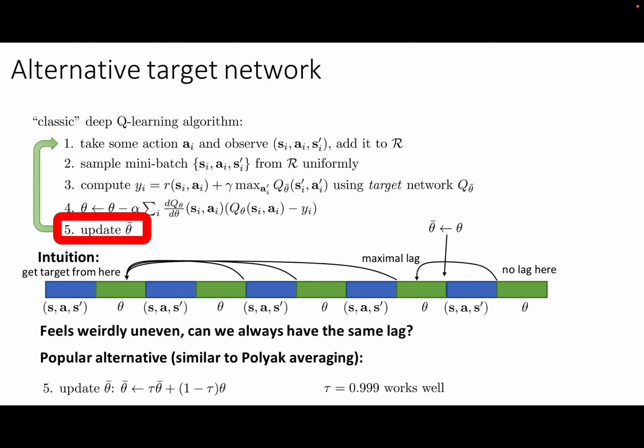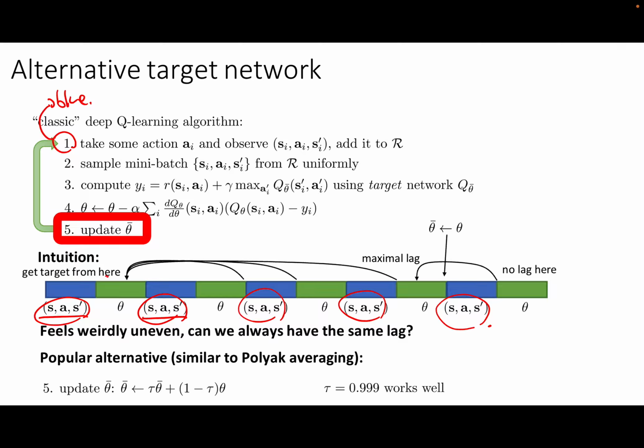And this shows the visualization of some limitation of the classic DQN. The blue one shows the first one: take some action, observe the transition, and add it to the replay buffer. We always have this kind of data, and we save it to the replay buffer. And we get the target here.